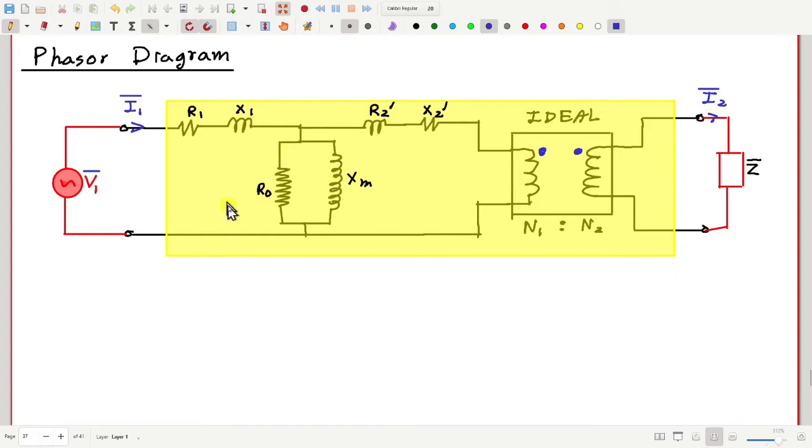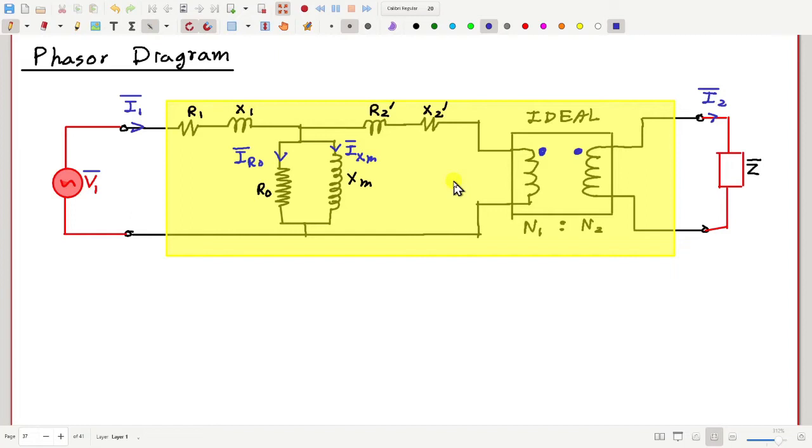For example, this may be IR0, this may be IXM. All these blue quantities are unknowns.